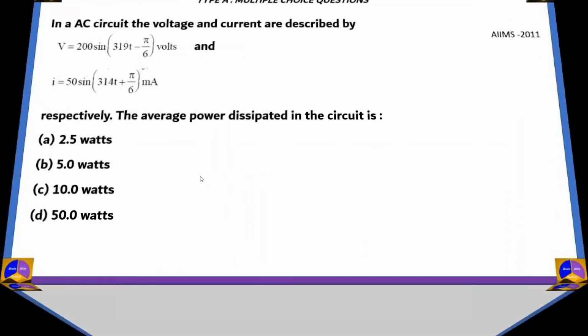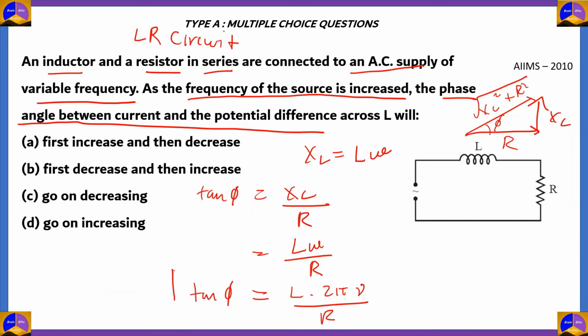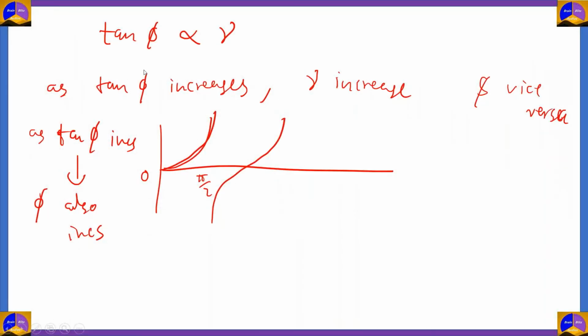So the maximum value of tan phi gives you a phase difference of pi by 2. Therefore, as tan phi increases due to the increase in frequency, the phase angle between current and the potential difference across L will go on increasing. So that means option D is the right option. The trick here is to find the relation between tan phi and frequency.